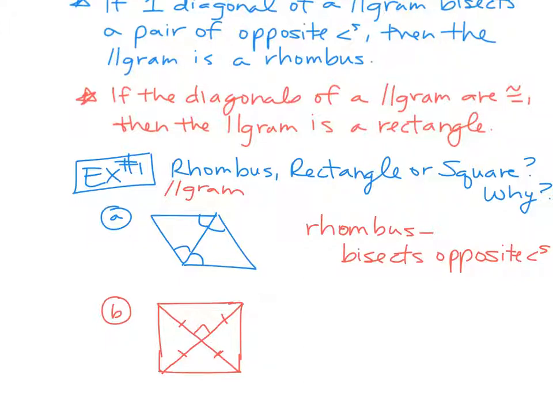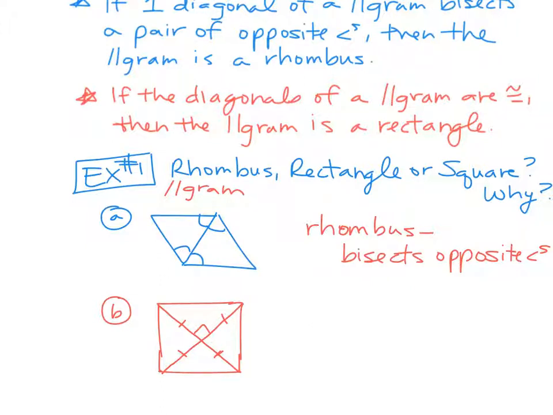All right, raise your hand if you think this is a rhombus. Raise your hand if you think this is a rectangle. Best term, okay? Raise your hand if you think it's a square. Okay, so you're right in that it is all three of those because it's a square.